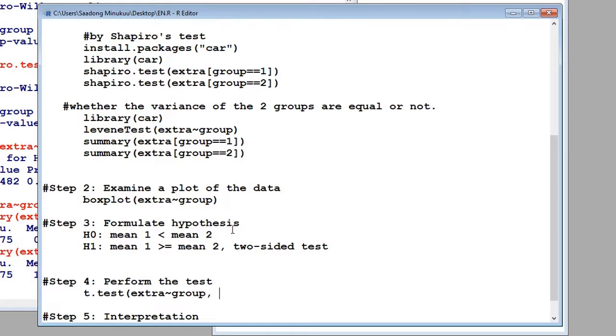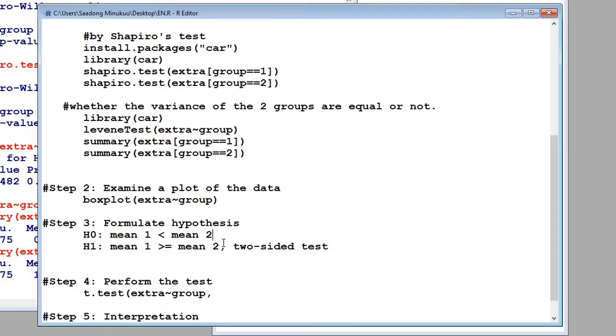Okay, now if you notice, based on our hypothesis that we formulated here, we are saying that mean 1 is less than mean 2.